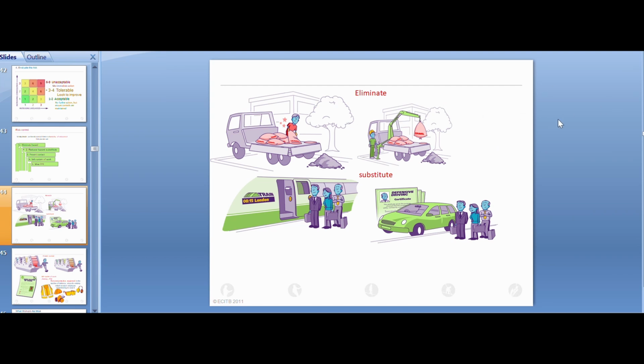So wherever it is not possible to eliminate, then go for a substitute. Here you can see a person is waiting for a train, but if they use a substitute like a taxi, they can save their time and safely reach there.